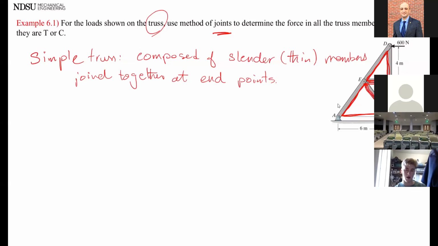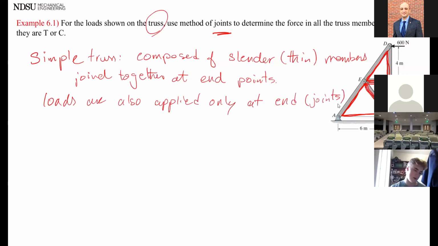For the truss, it's important that the members are only connected at their ends and not in the middle, and the loads are also applied at the pins and not in the middle. So loads are also applied only at the ends, or as we call them, joints of these members.